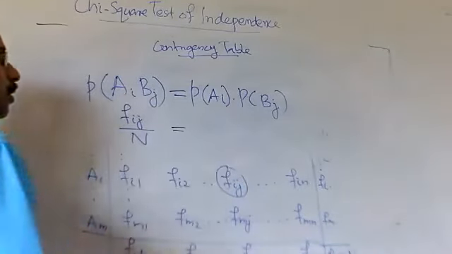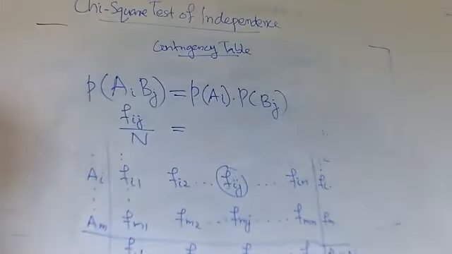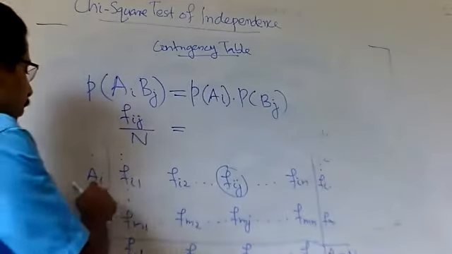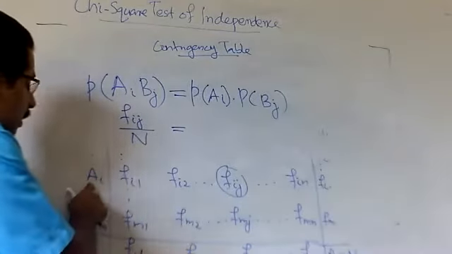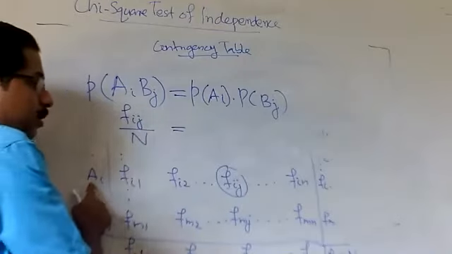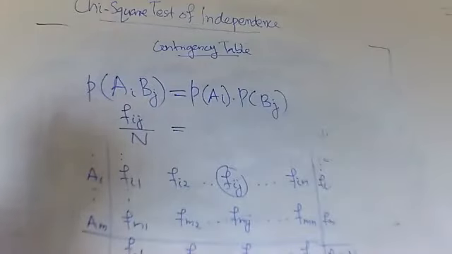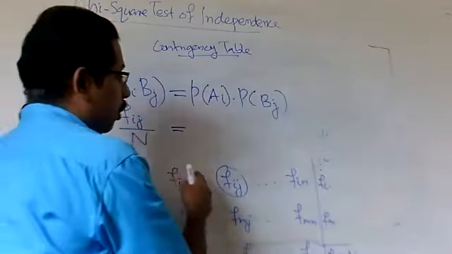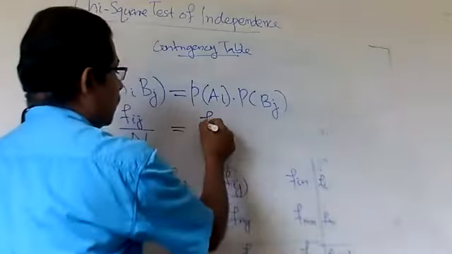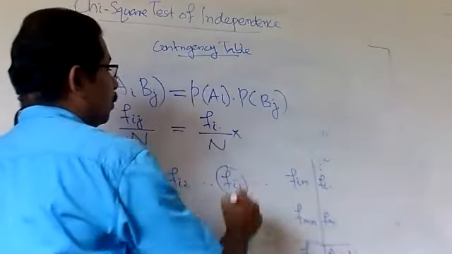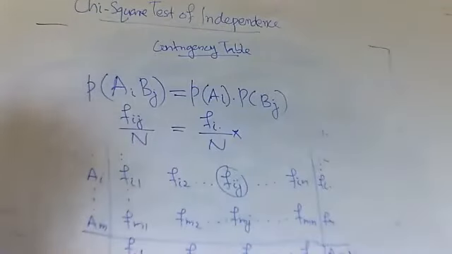So this is equal to probability of Ai times probability of Bj. How to find the probability of Ai? Ai is this category. For that category, the total number is Fi dot. So the probability is Fi dot divided by the total number, capital N, into the probability of Bj.